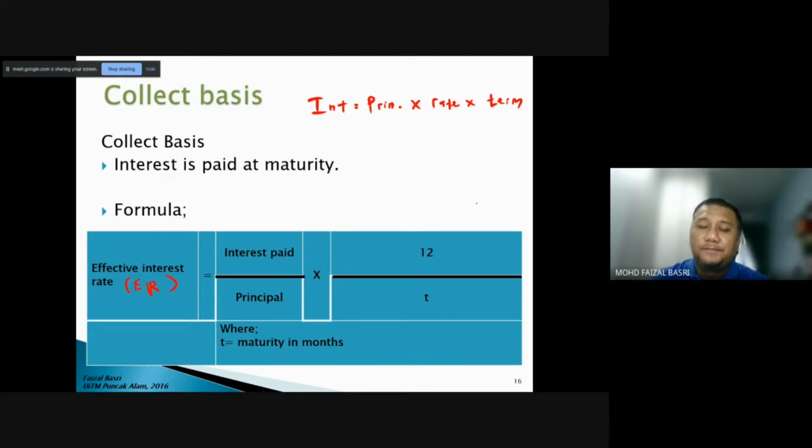The whole formula here is just to calculate this interest. The principal here refers to the amount. For this, you use the word principal. Later on, you're going to see that we use the word proceeds here. So what does it mean by proceeds? Proceeds here refers to the usable amount.